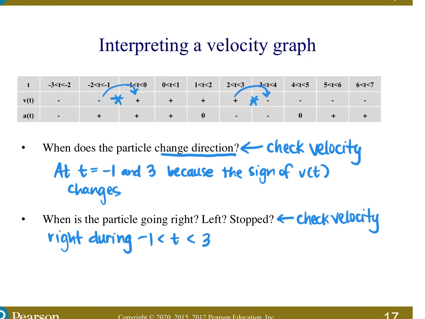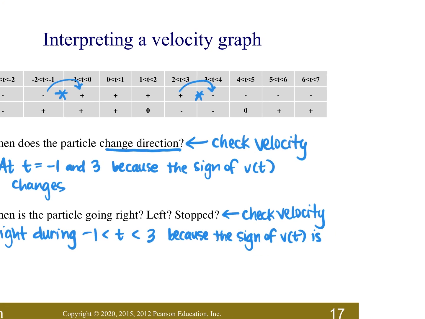Please don't include -1. It's not -1 inclusive, and it's not 3 inclusive. I don't put the bar underneath, because we already said at -1 it was changing direction, so it can't be going to the right then. It's only going to the right during that interval, because the sign of v of t is positive.